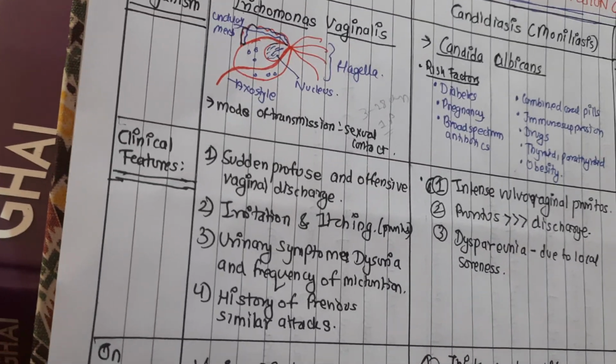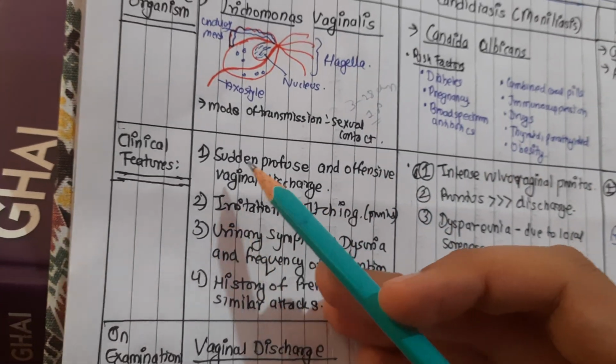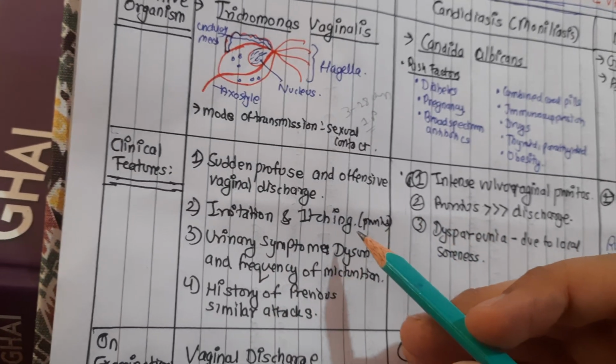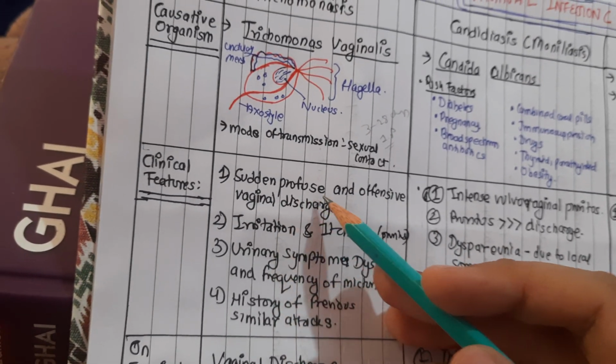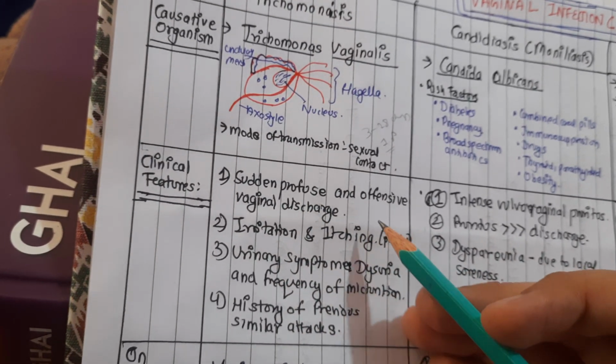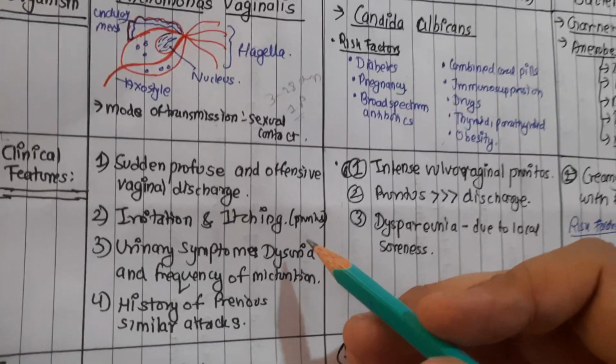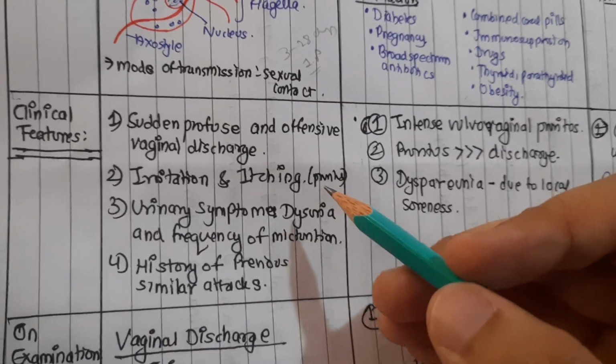Talking about clinical features, there is sudden, profuse, and offensive vaginal discharge. This is foul smelling. There is irritation and itching of varying degrees around the introitus.